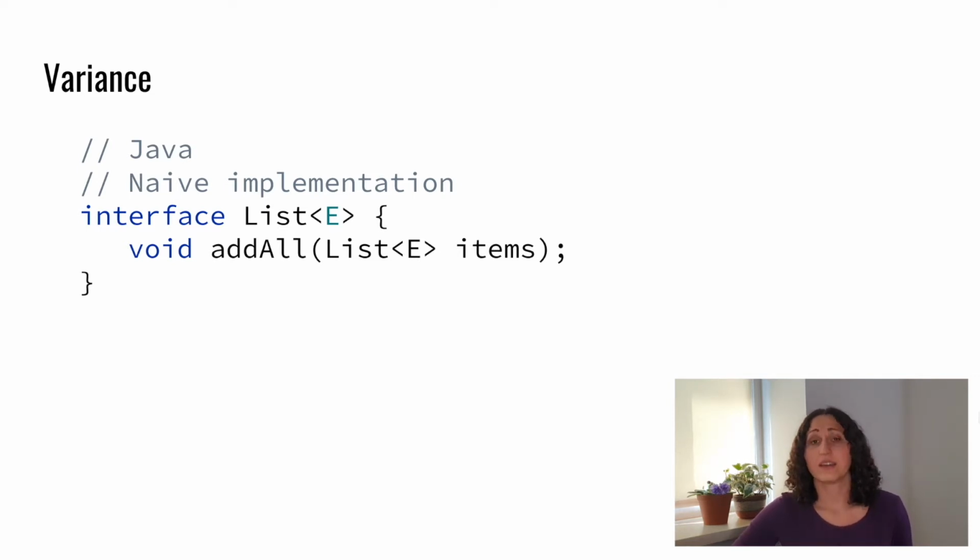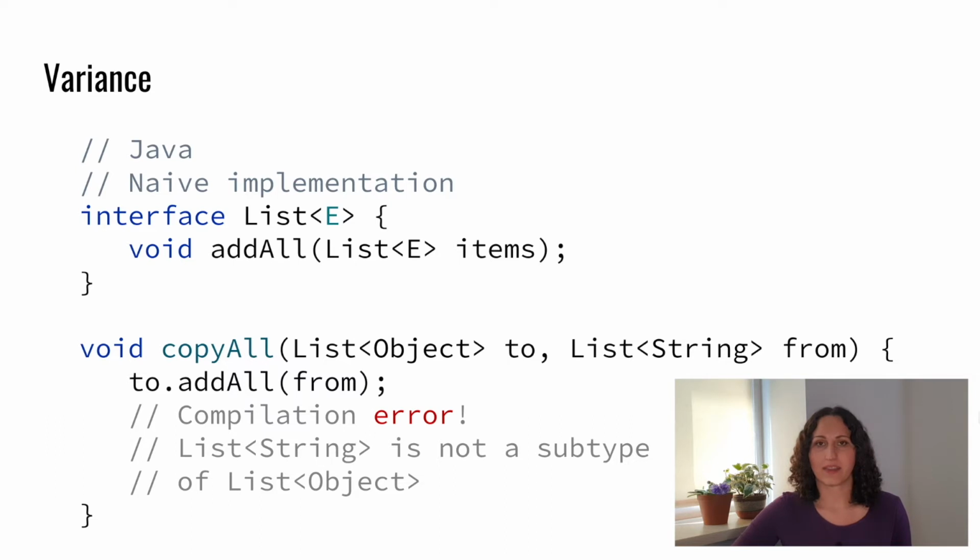Sometimes we need such a property because, for example, we have some implementation of our own class list, and we have a method addAll which just takes a list of elements of type E, and we want, for example, to implement a method copyAll, which copies elements from one list to another, and the list we are going to copy elements to is a list of objects, which is pretty safe. Why not?